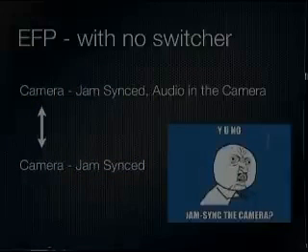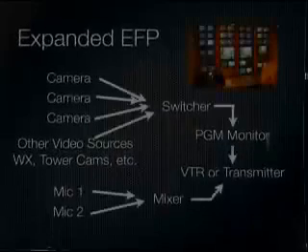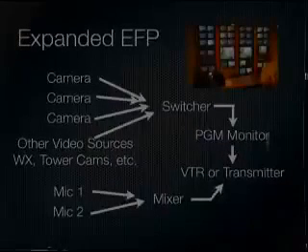Now we're going to contrast that with the expanded EFP system. The simple EFP system, or the basic EFP system, would include one or more cameras, but none of them are hooked together. They're all independent from each other except for that timing that's hooked together.